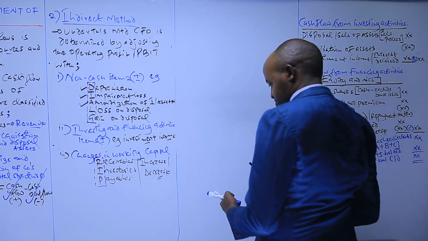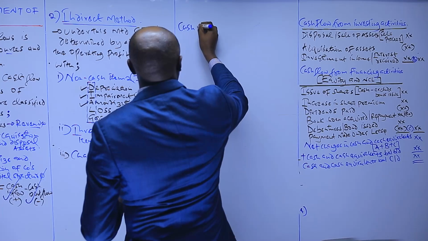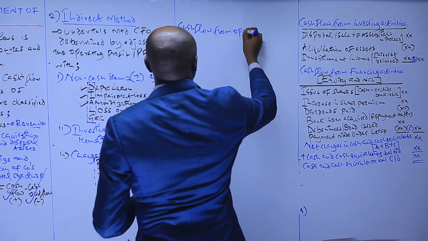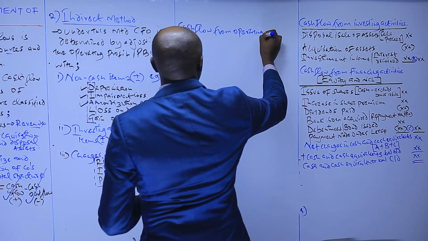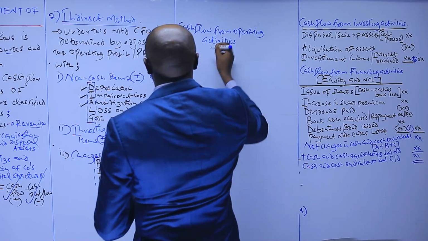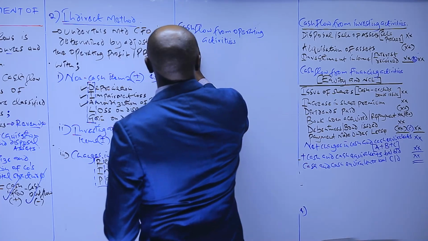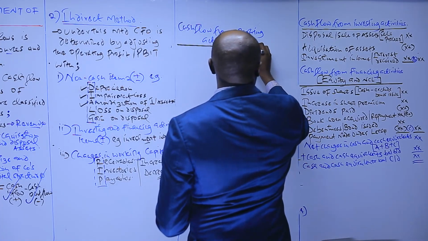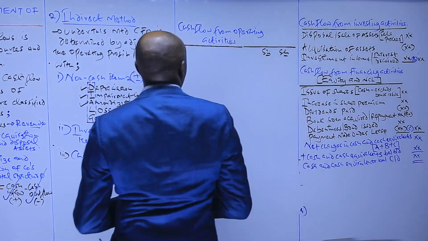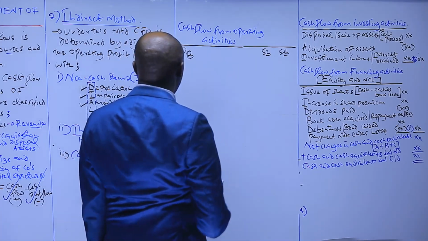Cash flows from operating activities, using the indirect method. Remember, I've always said you should have two columns, and what we start with here is the profit before interest and tax.